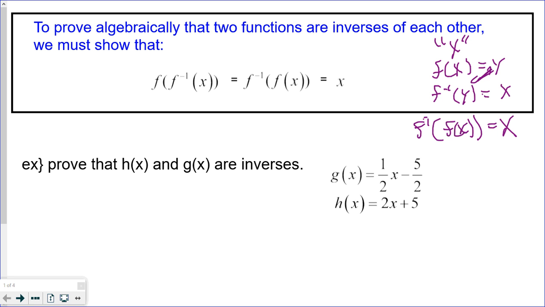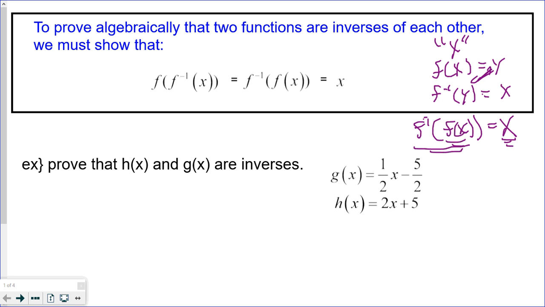That's the argument we're making here, and honestly, that is the definition of an inverse function. If I plug f of x into the inverse function, so function composition, I may get some y value, but it's going to map me back to where I started, x. That's exactly how the proof is going to work today.